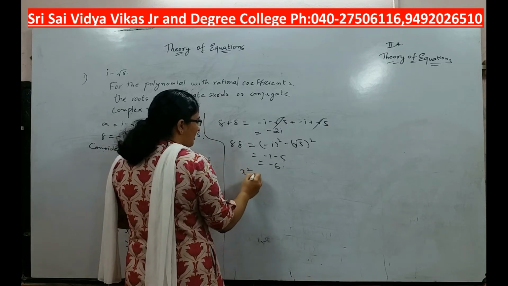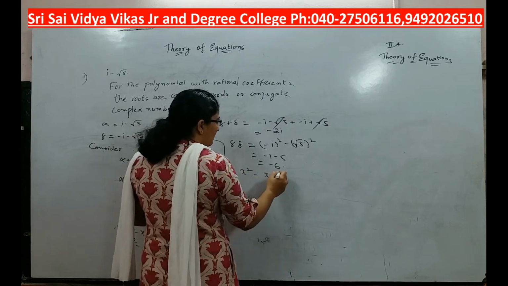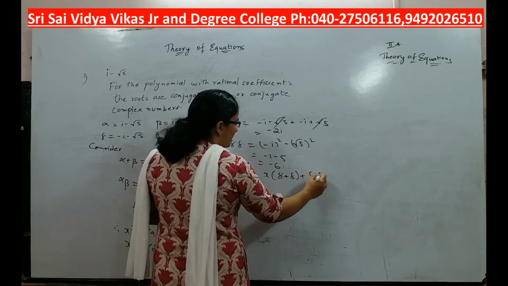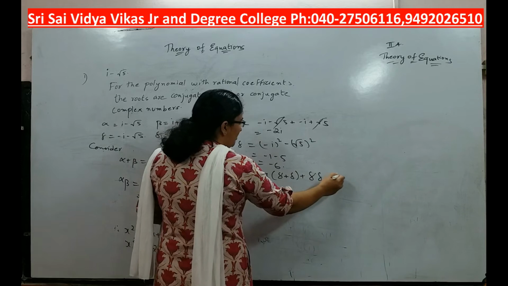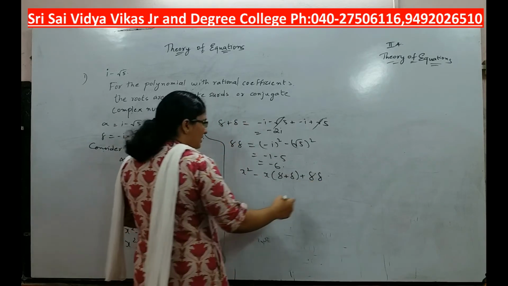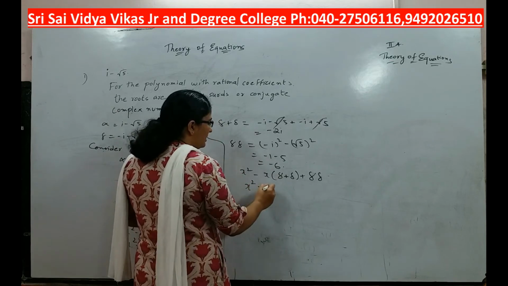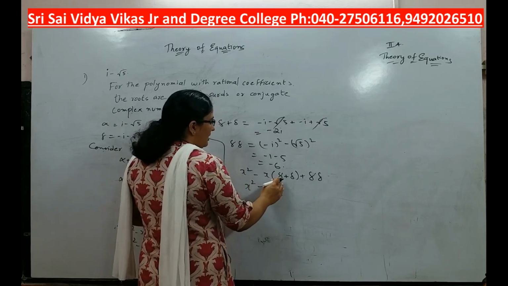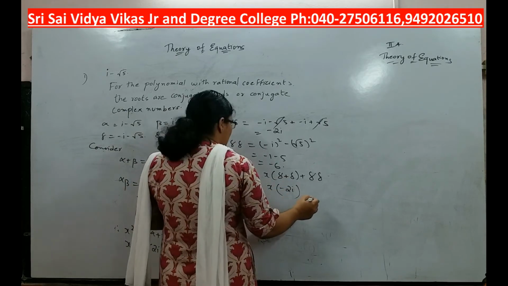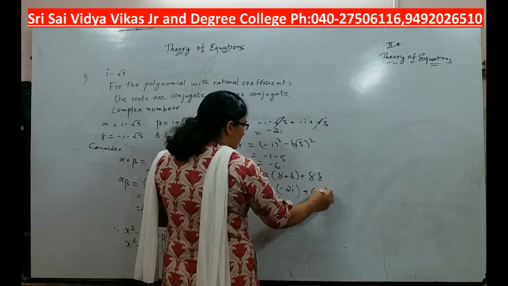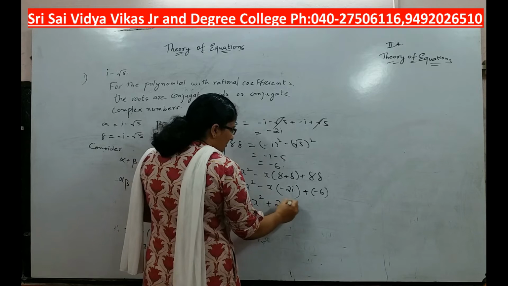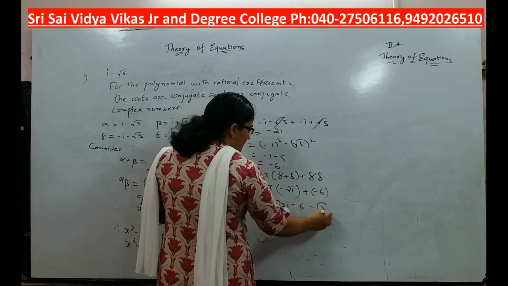So x square minus x into gamma plus delta, minus 2i, plus of minus 6. Call this as 2: x square plus 2xi minus 6.